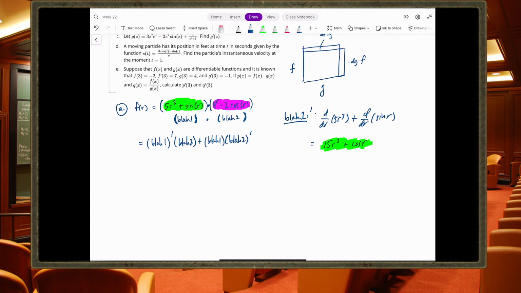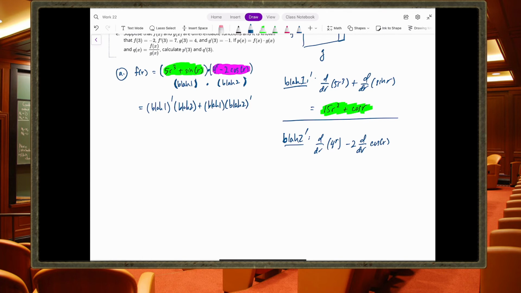And then for my second function, the derivative of that piece: well, the derivative of 4 to the r, and then we can do minus 2 times the derivative of cos r, because remember you can pull out a scalar from differentiation.